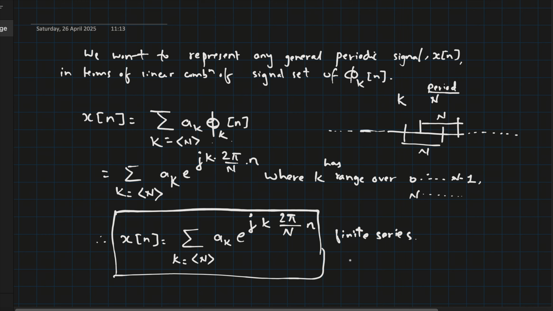So for discrete time Fourier series the problem of convergence will not appear. If the signal is periodic in discrete time, then we can say that it will always converge.